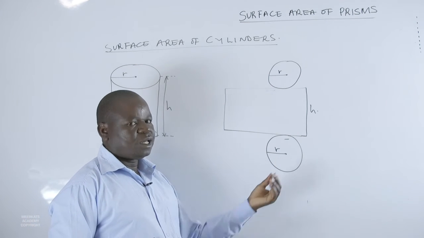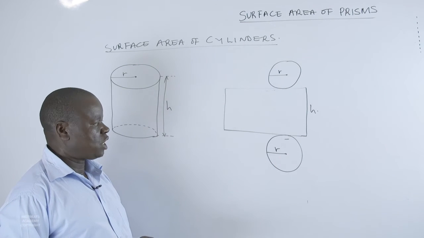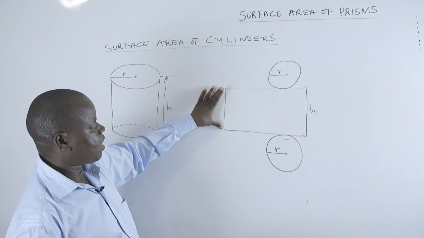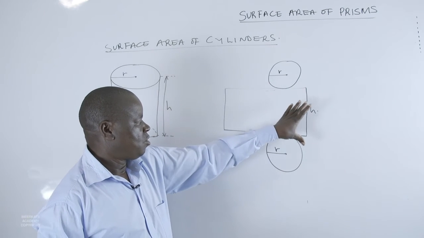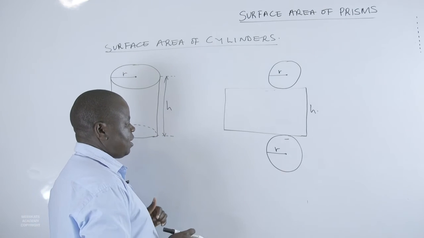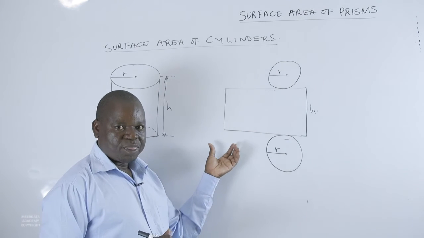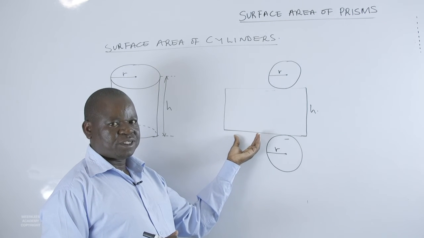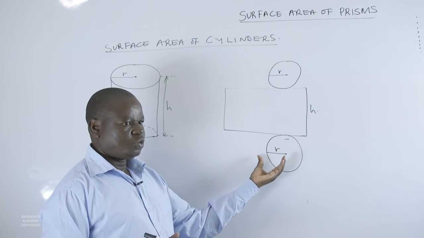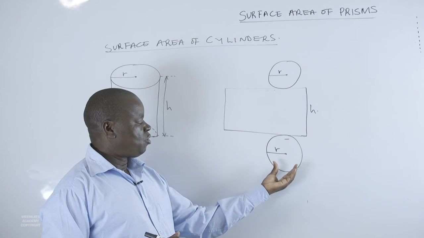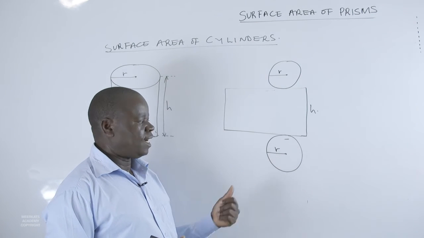We can also find the area of the base, which is also circular, and then find the area of this particular rectangular curved surface. And to find the area of the rectangular curved surface, it is important to bring into focus the circumference of the circle we learned earlier.